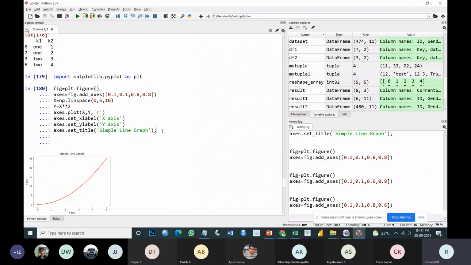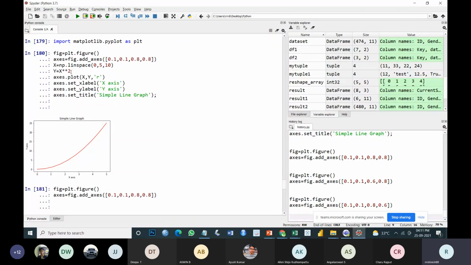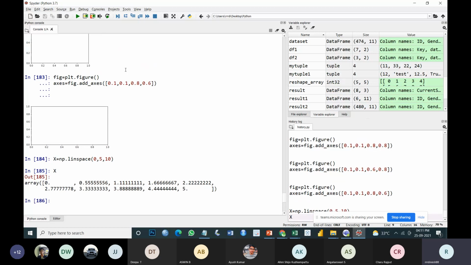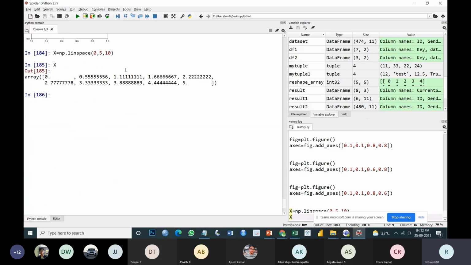Okay, sir. Then here x equal to np.linspace of 0, 5, 10. So we can see 0 to 5 with 10 values. 0 is the lower value, 5 is the higher value, and 10 means in this interval we need to print 10 values with equal interval.